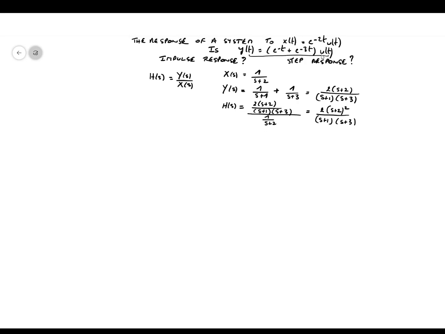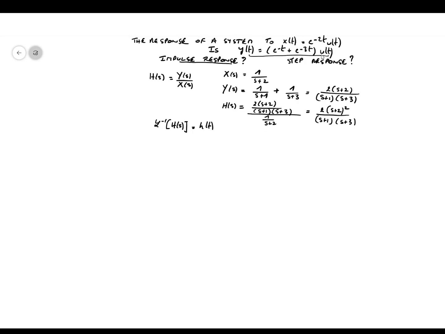So we know that the impulse response we can obtain by taking the inverse Laplace transform of h of s, and this will be h of t. Okay, so here we have to pay attention because this transfer function is not strictly proper.